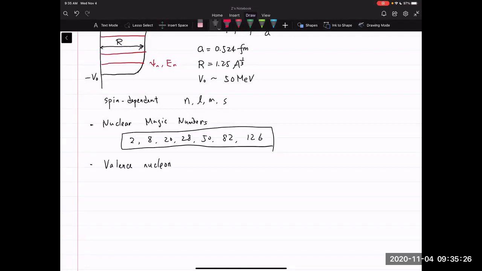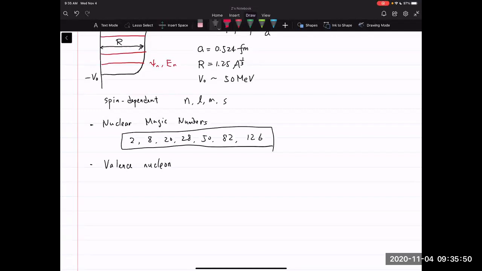So for instance, if we take helium as an example, helium-4, we have 2 protons and 2 neutrons, and that matches the magic number, which gives us the most stable isotope of helium.